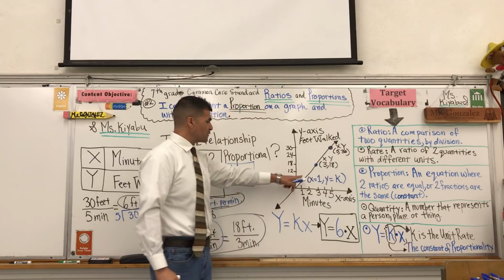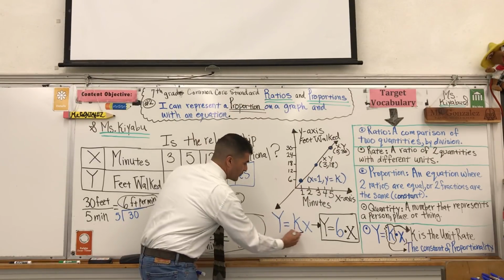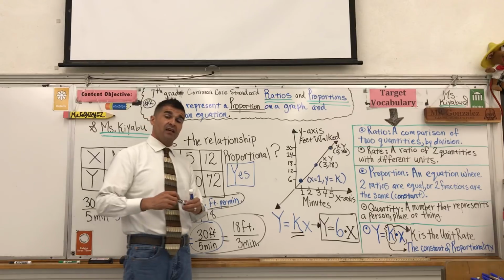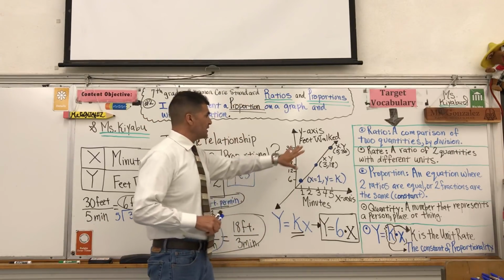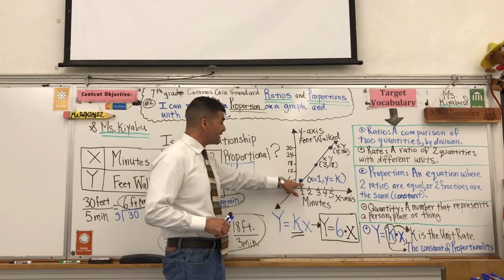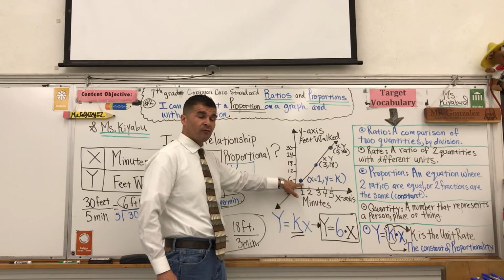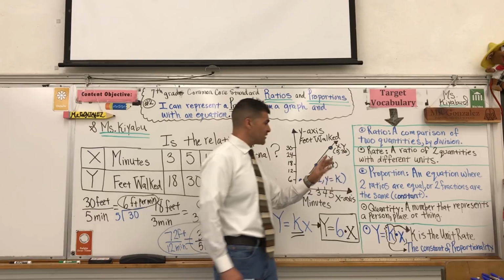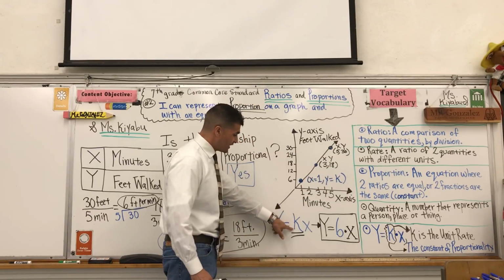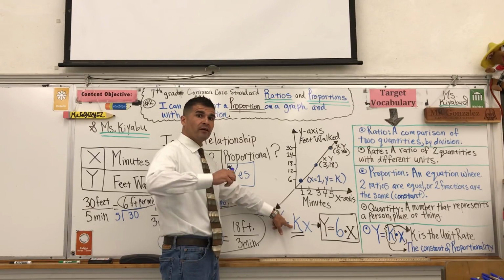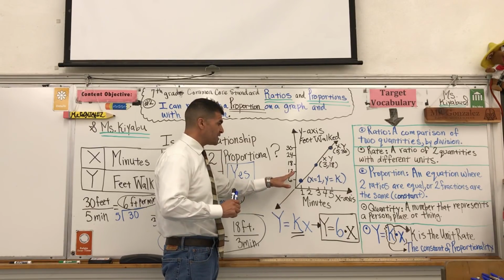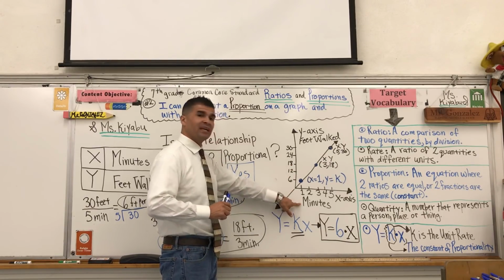But how am I supposed to find k, the constant of proportionality? Because you're going to have to do this for your quiz. Well, I actually can look at one very important point on the graph. See, k happens to be a very special point. This right here, k, is the unit rate. So it's where the y number is when the x number equals 1.